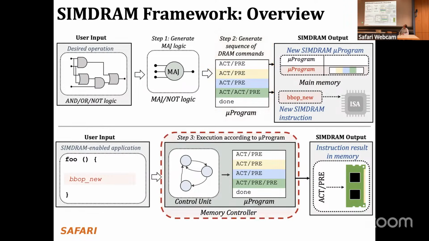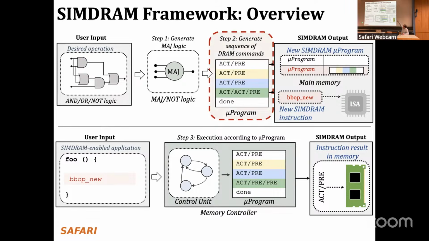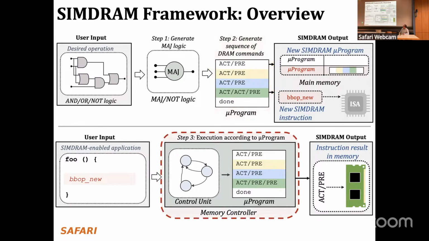And we store this microprogram associated with that new bulk bitwise operation somewhere. And when the program is augmented with this sort of instruction, again, it could be a bulk bitwise convolution, it could be a bulk bitwise division, that gets shipped to the memory controller. The memory controller fetches the microprogram and executes it according to its specification.